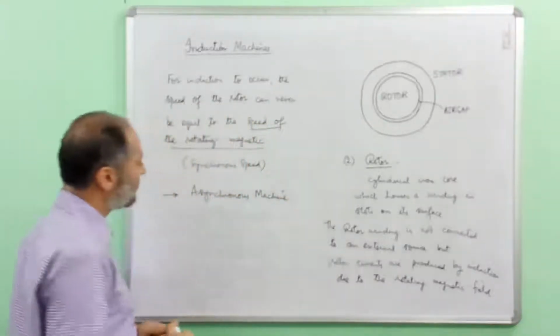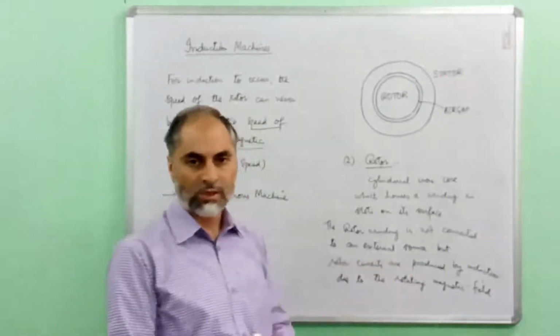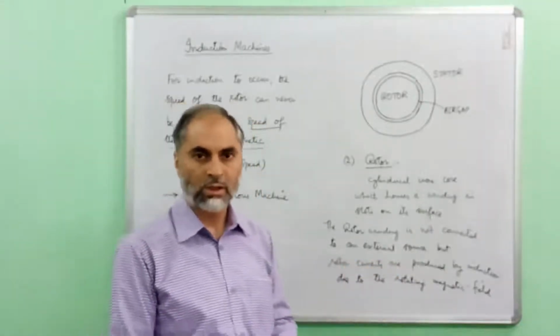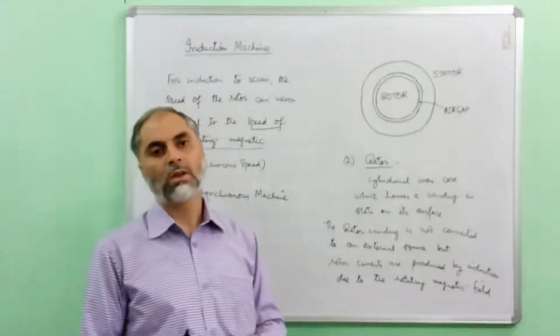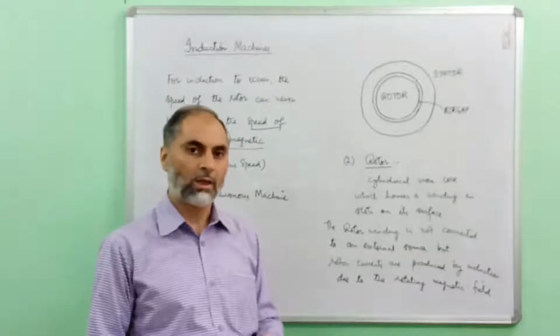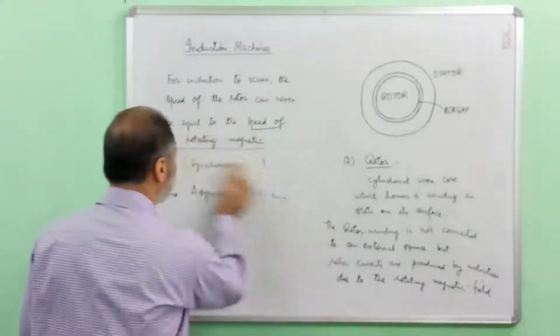Now, there are in fact two types of rotor construction employed in induction machines, and based on the rotor construction, the machines are named accordingly. Let's discuss the two types of rotor constructions.